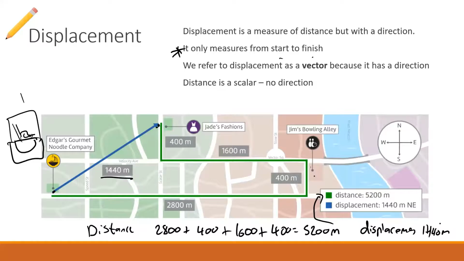Luckily for you guys, I'm not going to get you to calculate these displacements. I'll usually give it to you. Saying that though, because I know there's probably a couple of nerds here, you can tell that if I drew this like this, hey, what do you know, it's a right angle triangle. I know this would be 800 meters, and I know this along the bottom would be 2,800, whatever it is.